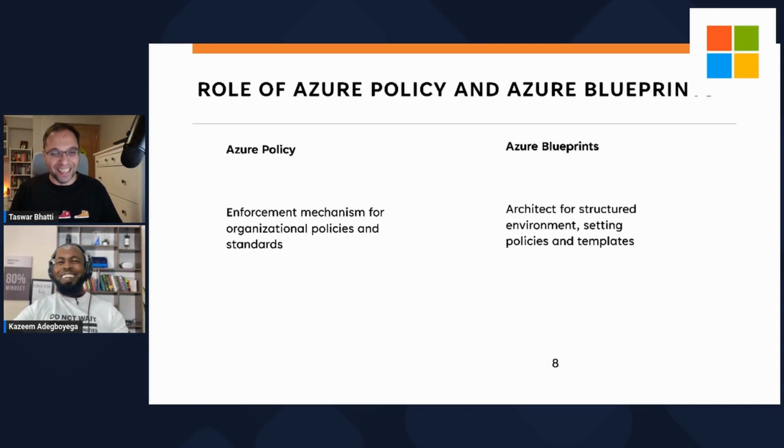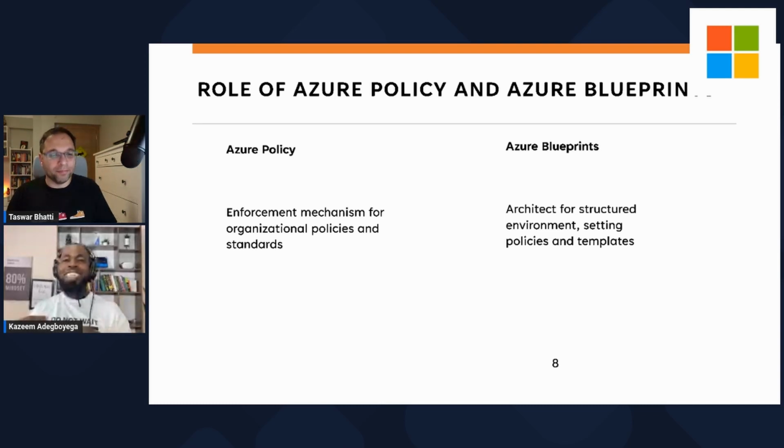Okay. All right, Taswar. So what I'm going to do is walk people through how to implement compliance using Azure Policy. What we're going to simulate is that we have a policy that states that no one should be allowed to create resources in other regions except Africa.